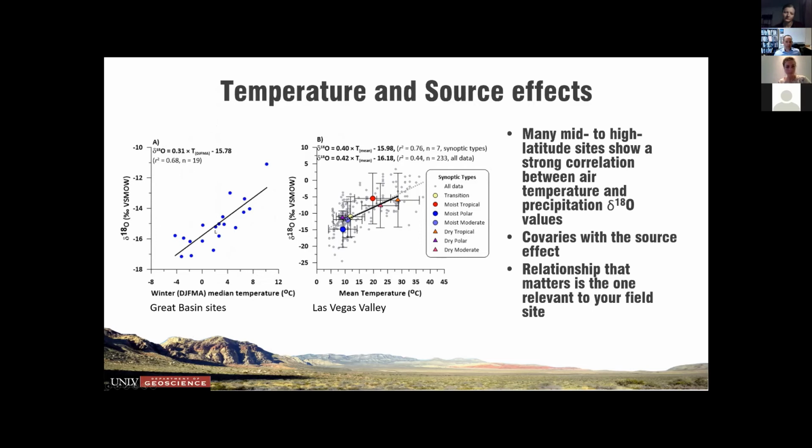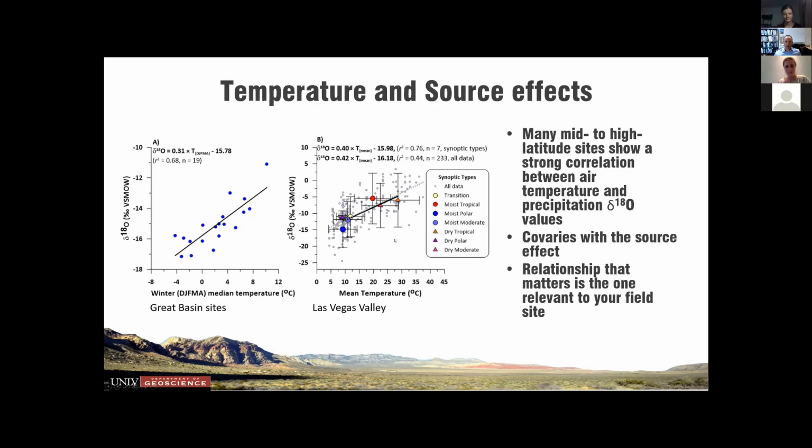What this plots on the left is winter temperature versus the oxygen isotopes of precipitation. So you can see as winter temperature increases, the oxygen isotope values also increase. So here in the Great Basin of Nevada, we would expect to at least have some control on temperature on interpreting our speleothem oxygen isotope values.